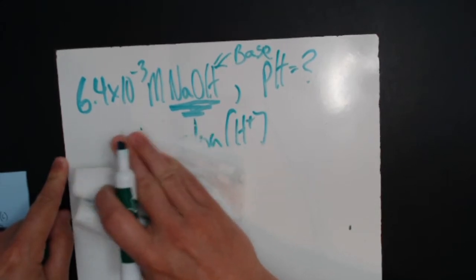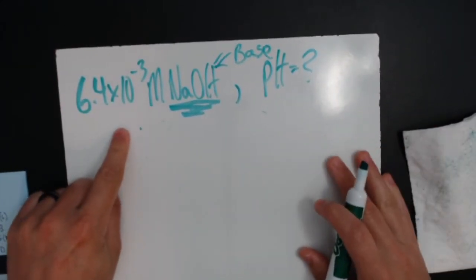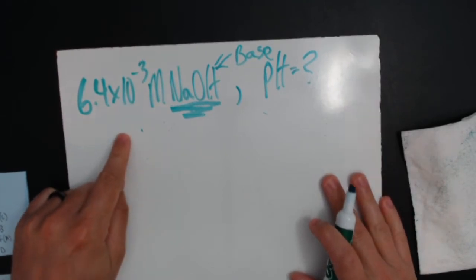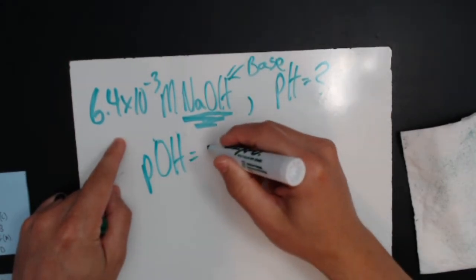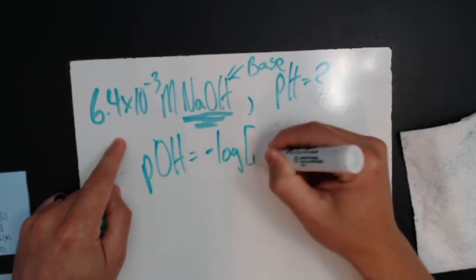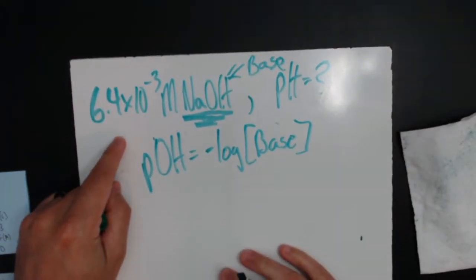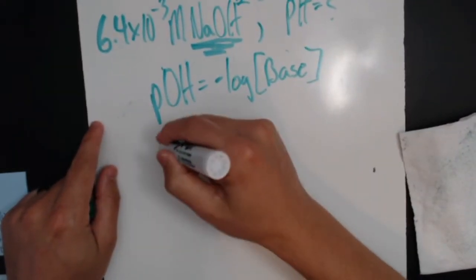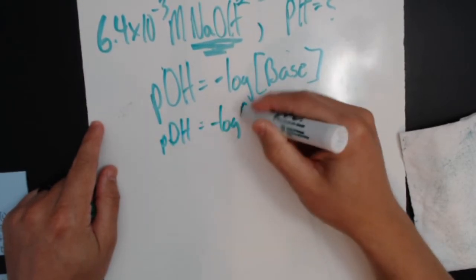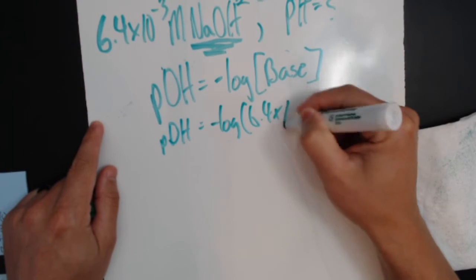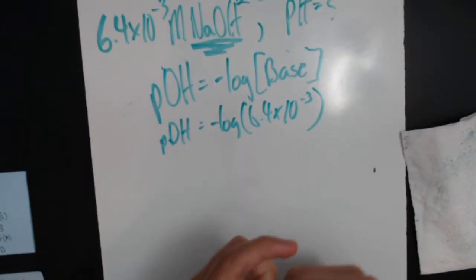So the first thing you're doing is the negative log of this number, but you have to realize that when you're doing that, you're solving for pOH first, because this is a base. The negative log of a base. So pOH is equal to the negative log of 6.4 times 10 to the negative third.